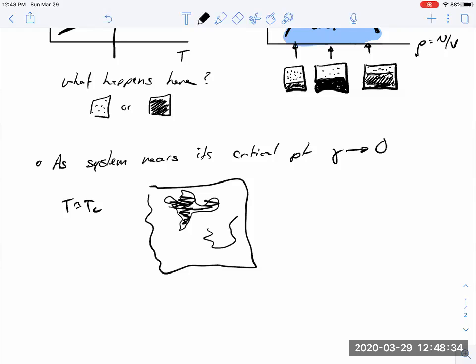So maybe it would look something like this. Maybe I have big extended regions of liquid, big extended regions of vapor. And if there's no free energy penalty to pay for forming that interface, I can make that interface as big as I want. This turns out to be a very special state.